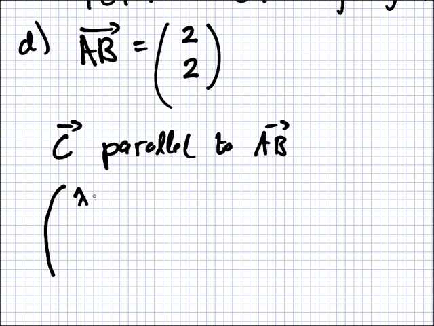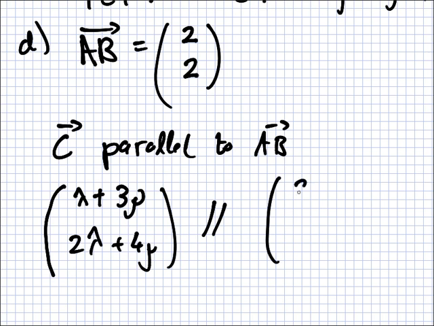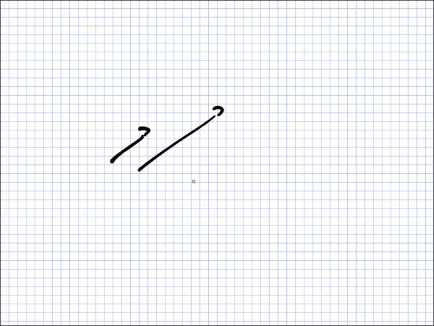Lambda plus 3 mu, yes, and 2 lambda plus 4 mu. That is parallel to 2, 2. Now, you should also know that 2, 2 is parallel to 1, 1. Because when you have vectors, if they're parallel, it just means there's a different number in the front. Like that could be A, that could be 2A, that could be 3A.